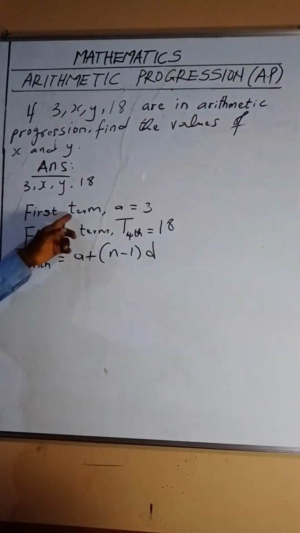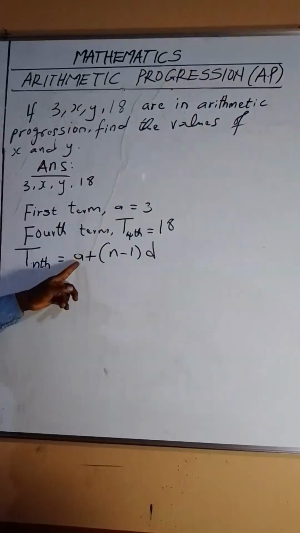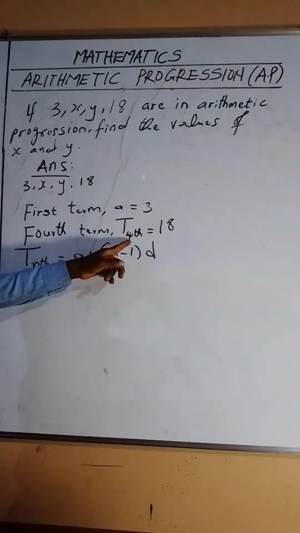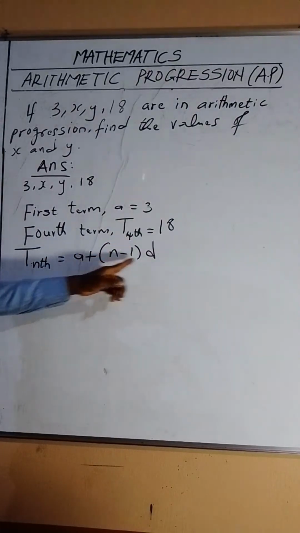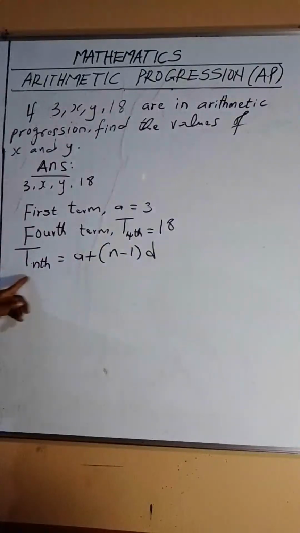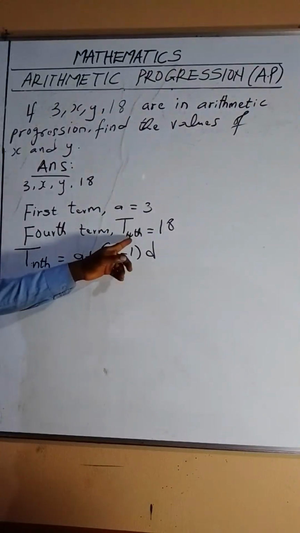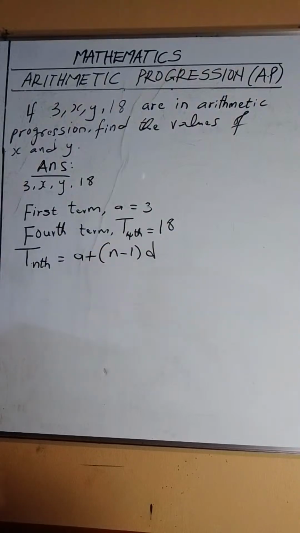And from here, we already know our A to be 3, our N is 4. Then we have to find D because we already know T-nth, which is T fourth, right?